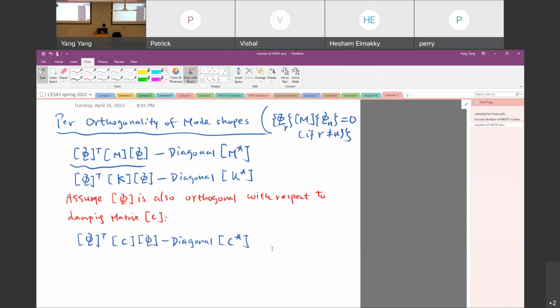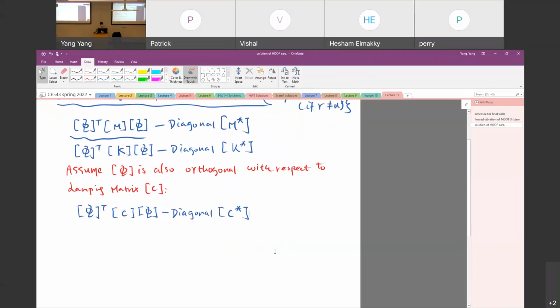Actually, this procedure is called decoupling of MDOF systems. With this procedure, the MDOF system can be decoupled into multiple SDOF systems. You will see why. This is called decoupling equations.